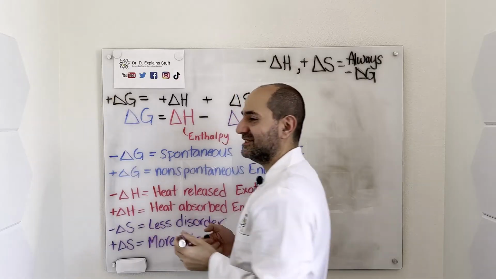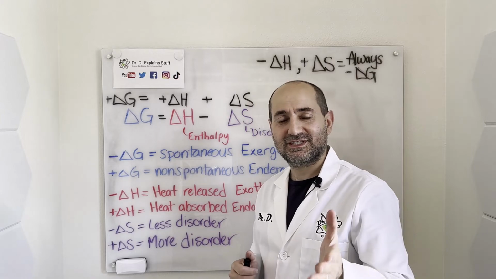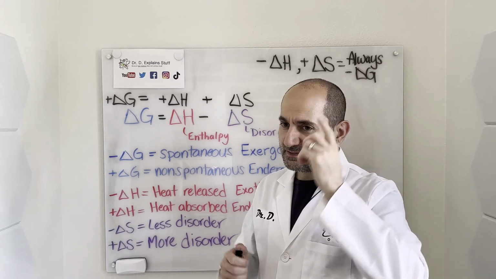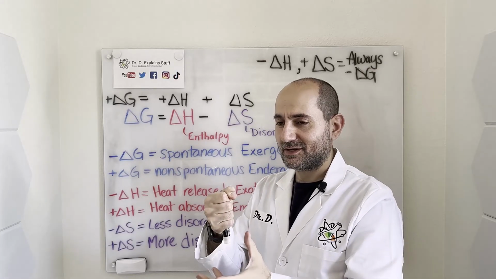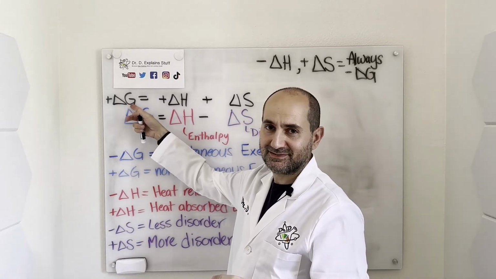Isn't that interesting? That's what Gibbs would have told us. Gibbs would have told us that the reason you've never seen two chemicals mixed together getting cold and becoming solid or getting more organized is because that would literally never happen spontaneously, right?